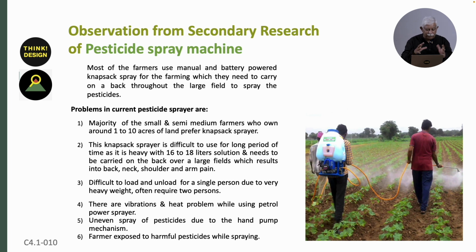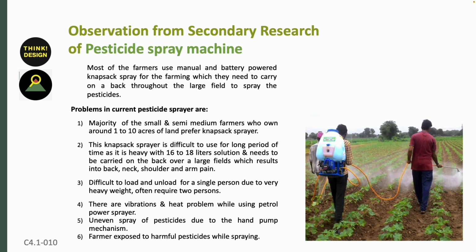It has problems in loading. There are vibrations, and also the mechanism itself can be improved, and they're also exposed to the pesticide spray itself, right? So these were some of the issues.